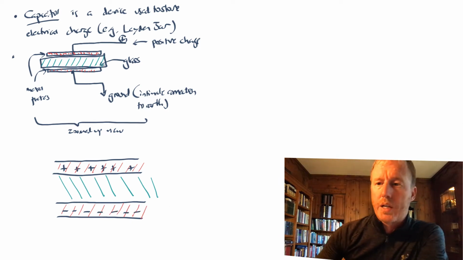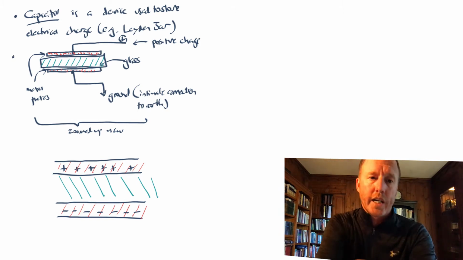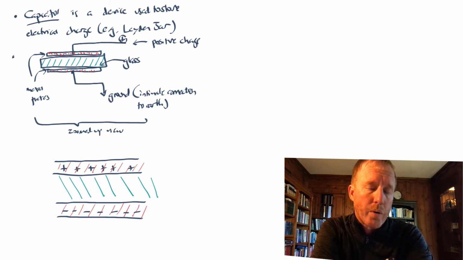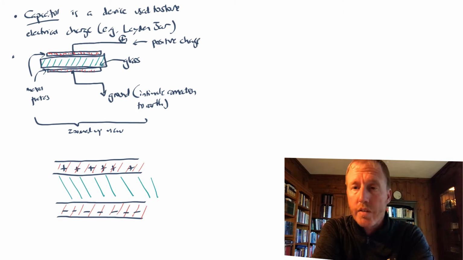Maybe I should say something about how we interpret positive and negative charge differently today than Franklin did. It's important to realize that most of the scientists who developed the science of electricity and magnetism didn't even know about protons or electrons. The electron wasn't discovered until the late 1800s, I think 1896, by J.J. Thomson.